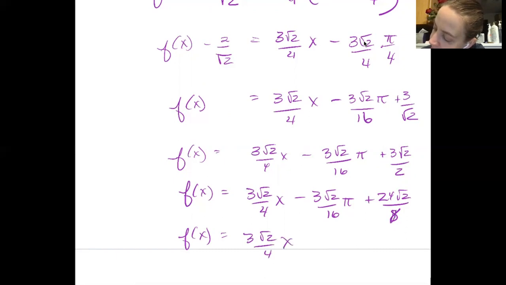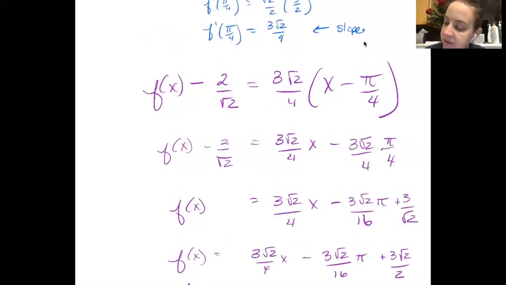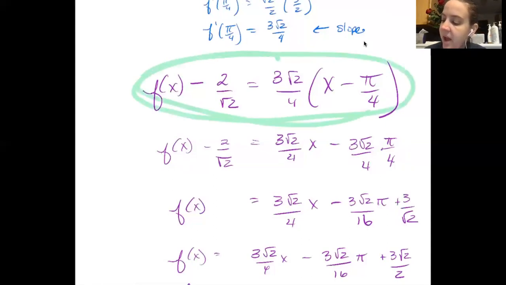Nope, not over 8, over 16. And you could have a root 2 over 16 negative 3 pi plus 24. Yeah, it doesn't do a whole lot for you, but that would be y equals mx plus b. So I would probably stop back up here at point slope form. Point slope form is always acceptable in the AP exam. So I would take that.